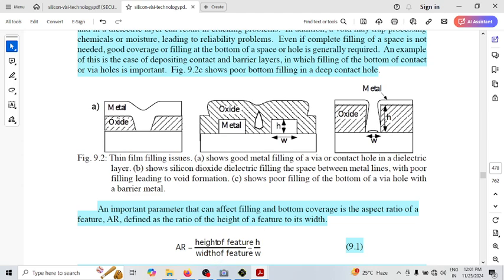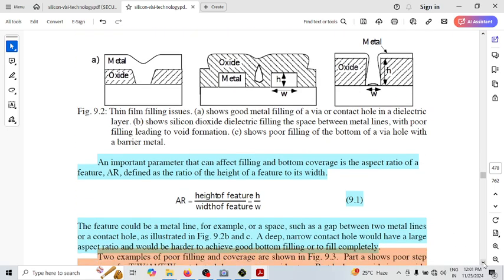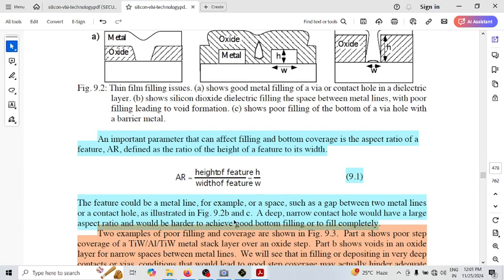So whenever this height becomes large, to have a proper coverage, this width W should be more and more. The feature could be a metal line, for example. This is what is shown in 9.2b.